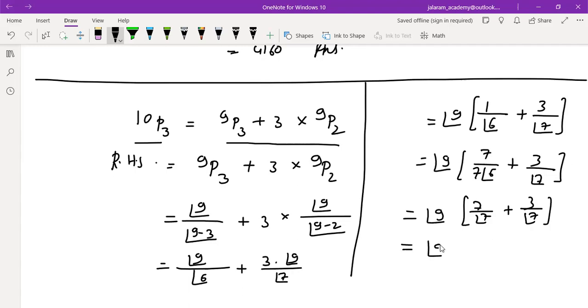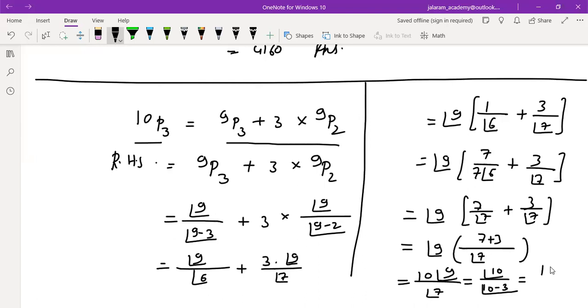In the denominator we can take factorial 7, and in the numerator it is 7 plus 3, that is 10. And 10 into factorial 9 upon factorial 7 will be factorial 10 upon factorial 7, which is 10 minus 3. So we can write it as 10P3. Is that clear to everyone? Which is LHS and hence proved. Understood?